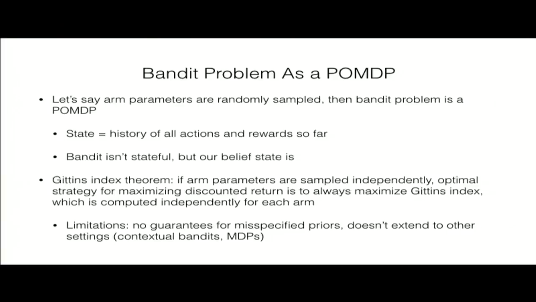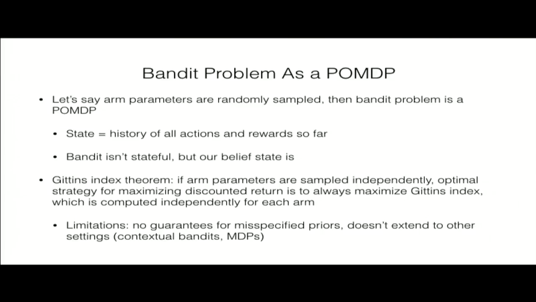So that's a pretty nice result, and people were pretty excited about this when they saw the result. Unfortunately, there are a couple of limitations of it. First of all, it assumes you're in this Bayesian setting where you have a prior distribution on everything, and it doesn't necessarily provide a good guarantee if your prior is wrong, or if your prior doesn't match the actual prior distribution.